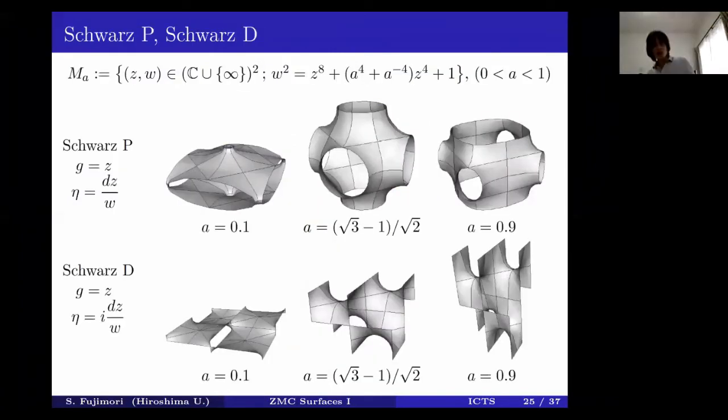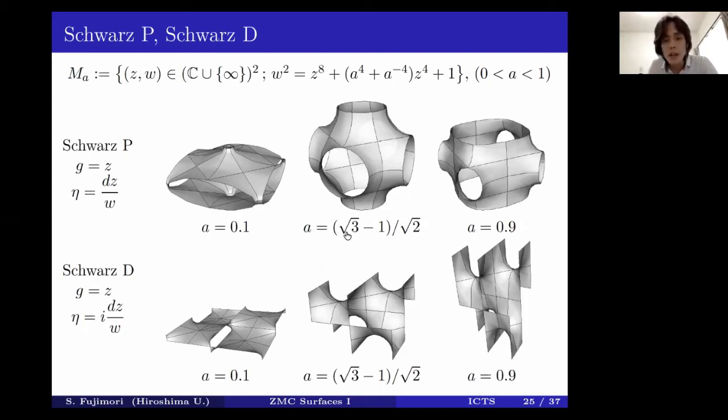Okay, also, we will show the examples of Schwarz P and D. And in this case, the Riemann surface is defined by this hyperelliptic function. So this M_A is a genus 3 compact surface. Okay, and A is a parameter, this parameter. And the Weierstrass data is given this way and this way. So they are conjugate surfaces.